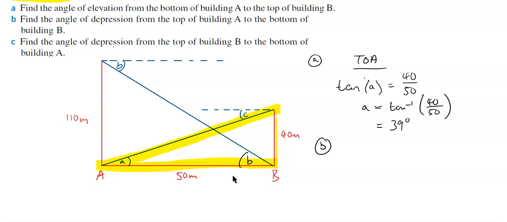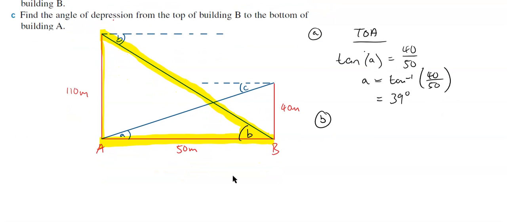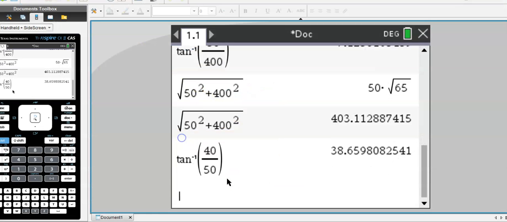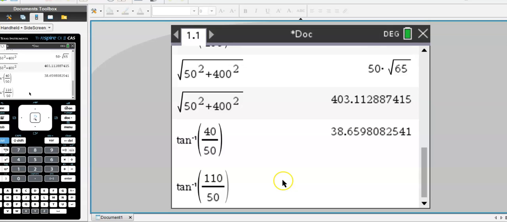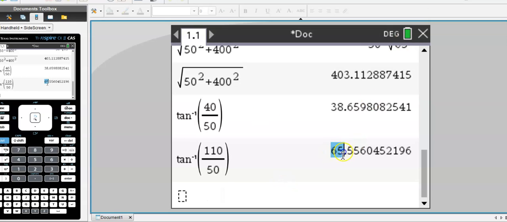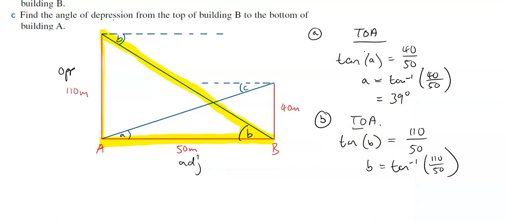So actually the triangle that we're going to focus on is this triangle here, which incorporates B in the corner. So that's using an alternate angles rule. So from that we have the opposite side again, and we have the adjacent side. So we're going to use TOA again. So we're going to do inverse tan of that now. So 66, nearest whole number.